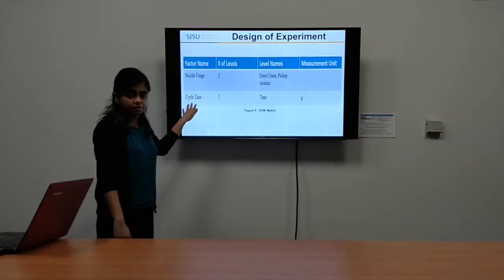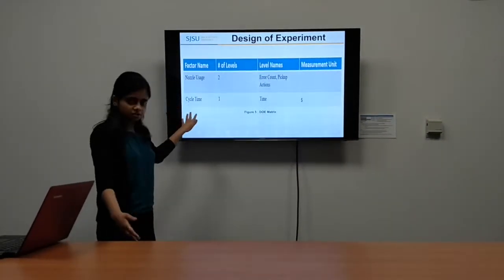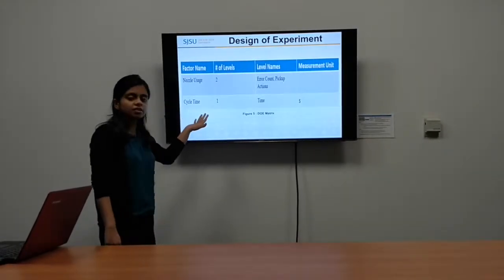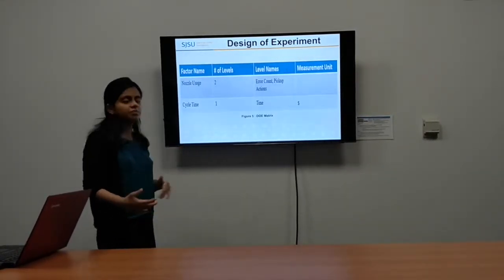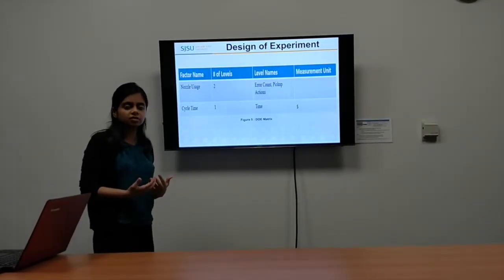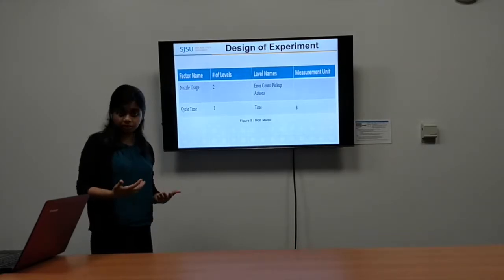The second parameter that we were judging in this experiment was the calculation of cycle time, which is very important from the manufacturing perspective, as it tells you how long the device took to manufacture, let's say, one printed circuit board.